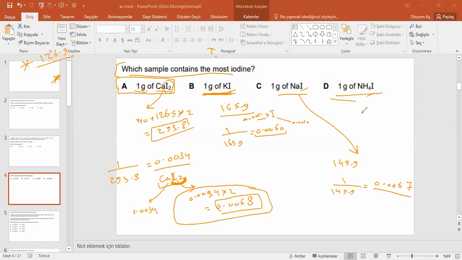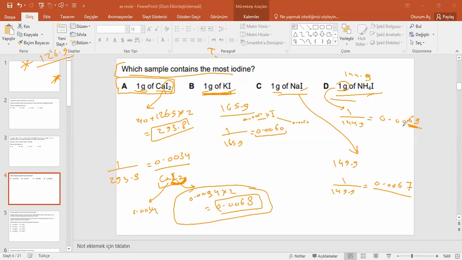Let's see the last one, guys. The last one is NH4I. Molar mass of this guy is 144.9. So we divide 1 by 144.9. Guys, the mass is 1. All the masses here are 1. This gives us 0.0069. Wow.